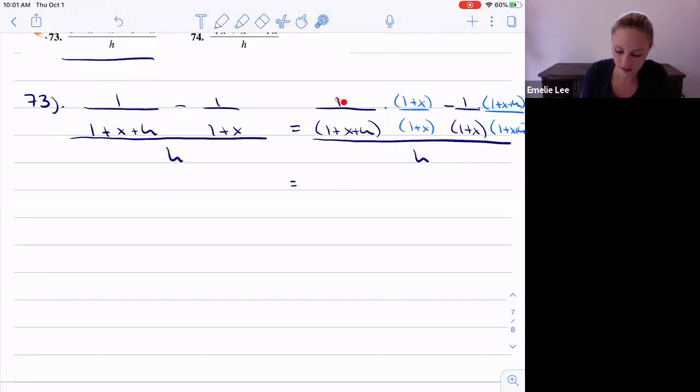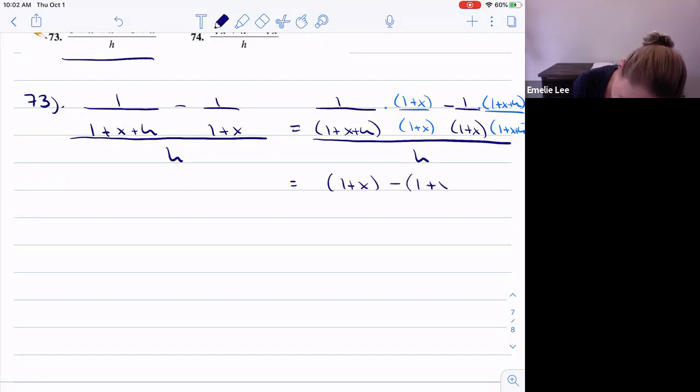I can expand the numerator as well as put it over this common denominator that I've forced. So I'm slowly dropping steps as I go here as we get more comfortable. So we get 1 plus x minus 1 plus x plus h. Notice that I kept this negative outside the brackets.